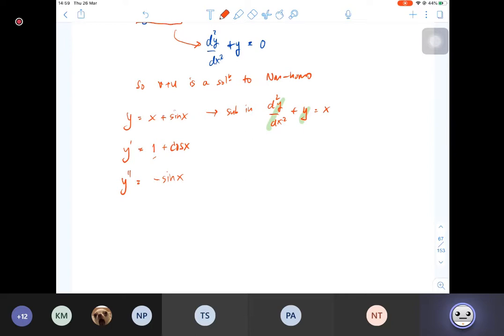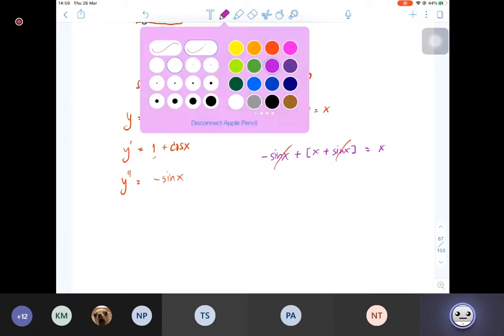So let's try to put that in the original equation. d squared y by dx squared would be minus sine x plus y, which is x plus sine x, equal to x. And you can see right away that this equation is satisfied.